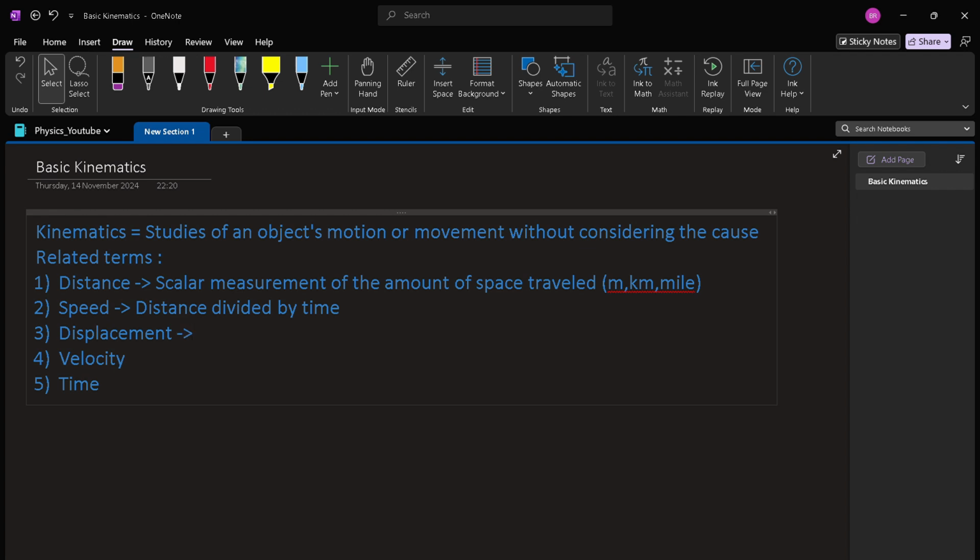On the other hand, displacement is a vector measurement of the amount of space traveled in a certain direction. That's what makes it a vector measurement rather than scalar. So it has direction, not only magnitude like distance.